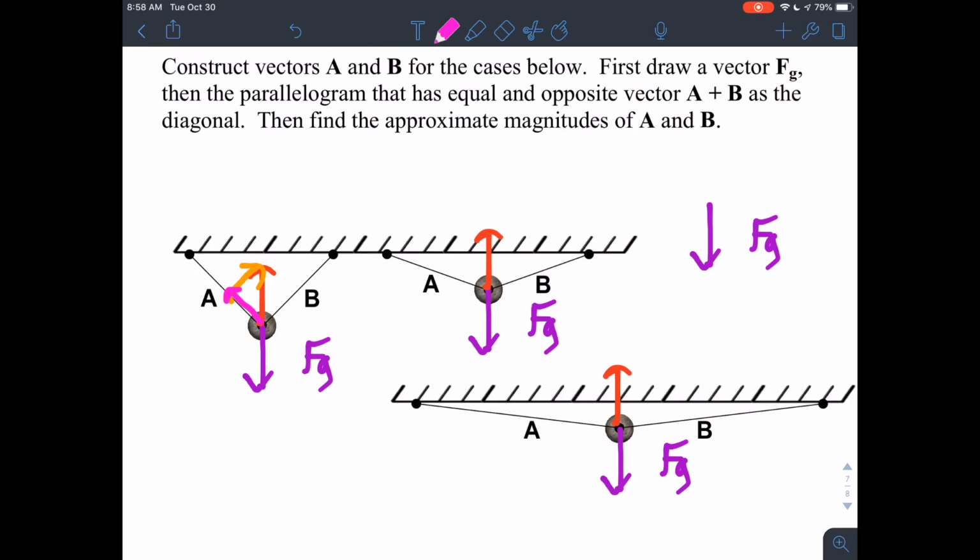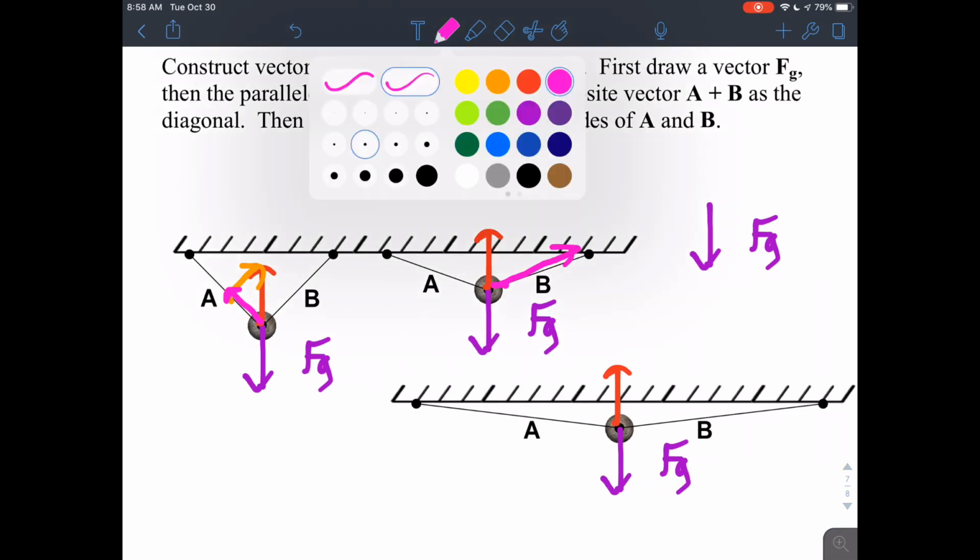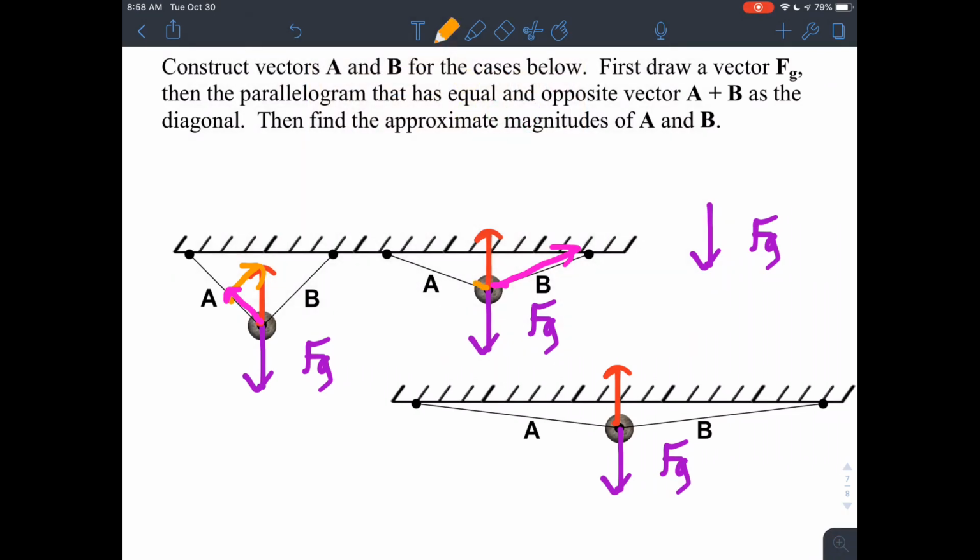So again, my B is going to go about there, and my A is going to go about there. Oops. So we add them up. A plus B, there we go, makes the red one.